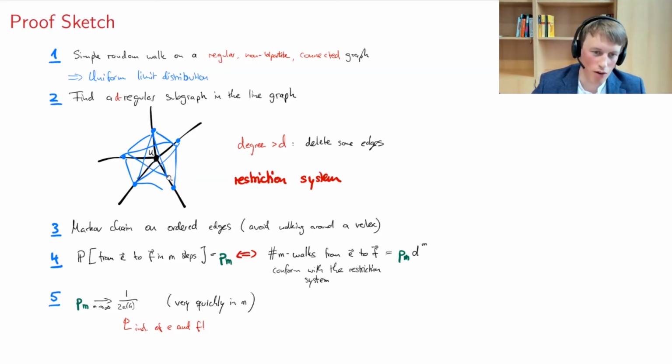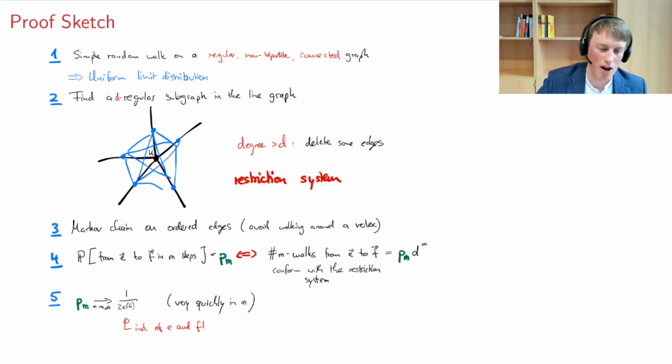The problem is now, in view of number one, we want to have potentially a regular graph. We will see in a second why. But because the vertex degrees can be apart by a factor of 2, our Markov chain doesn't have a uniform limit distribution at the moment. So what do we do at every vertex locally? We just get rid of a few transitions. We say, okay, here I have a clique in the line graph of certain size.